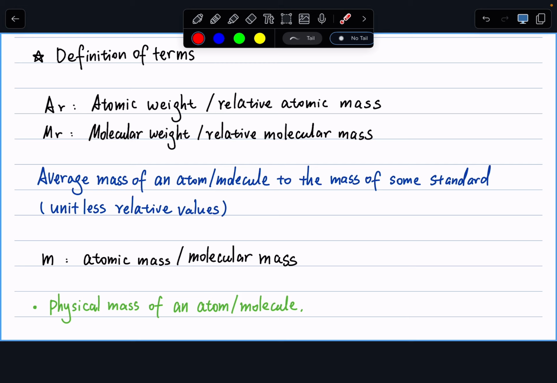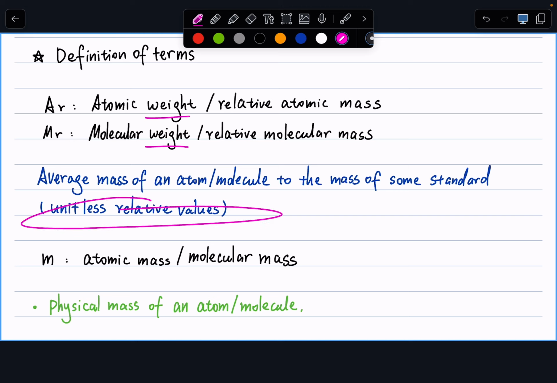Or, the other way to put it, these are the average mass of an atom or molecule relative to the mass of some standard. So these are unitless properties. For example, if we ask you what is the atomic weight of carbon-12, it's just going to be 12 without any unit. All right, so these are unitless, and the symbols are like A_r or M_r.